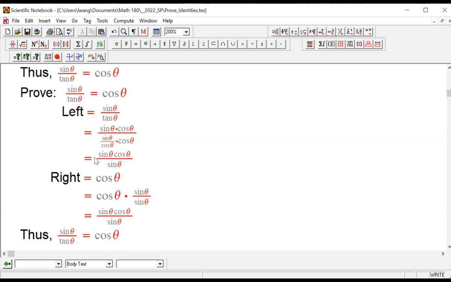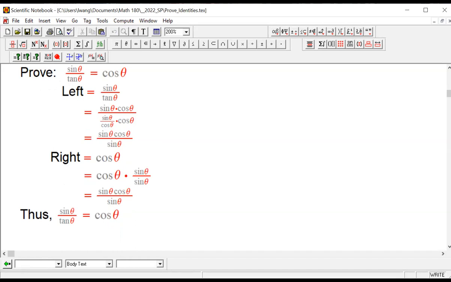Left ended up here and right ended up at the same place, and therefore left is the same as right. So this is the important part about how to show work logically, and the rest is just practice.